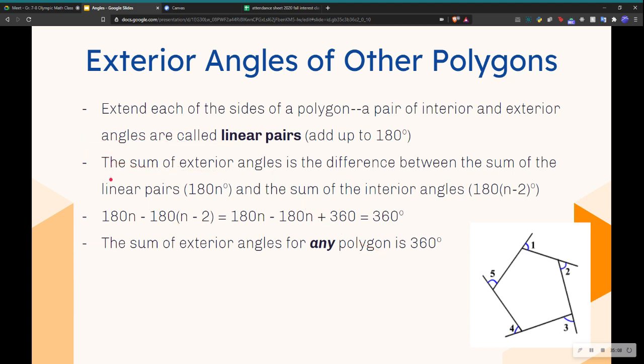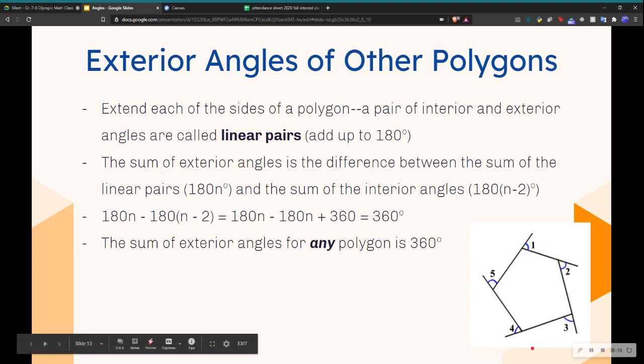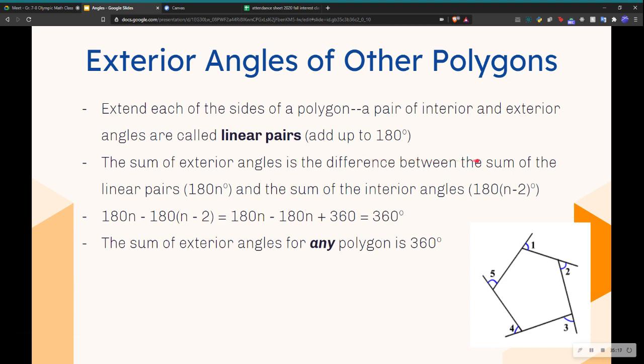Now the sum of the exterior angles, so the sum of 1 and 2 and 3 and 4 and 5 in this diagram, is the difference between the sum of the linear pairs and the sum of the interior angles. The sum of the linear pairs is 180 times n, right? Linear pairs add up to 180 degrees, and you multiply that by the number of sides, n. We'll call n the number of sides from now on.